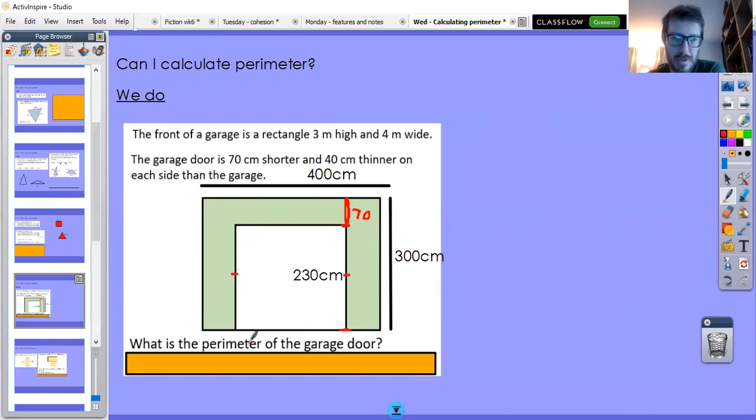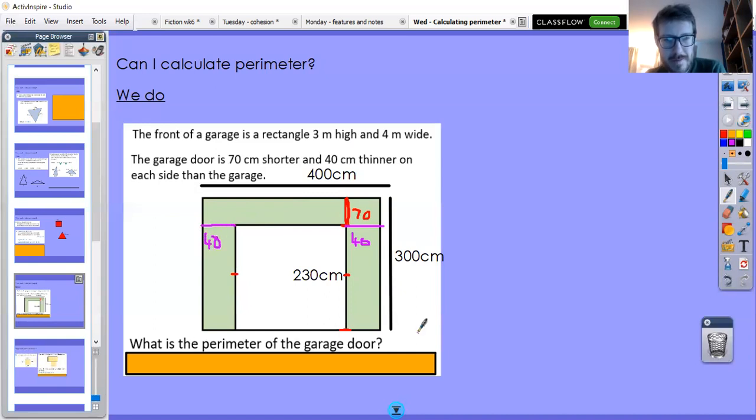So I've got both these sides, but it is 40 centimeters thinner. So what that means is that if it's thinner, it's not as wide. So then that must be this bit here, being 40 centimeters. Not only that, but if I think about this time, I've got it on this side as well.